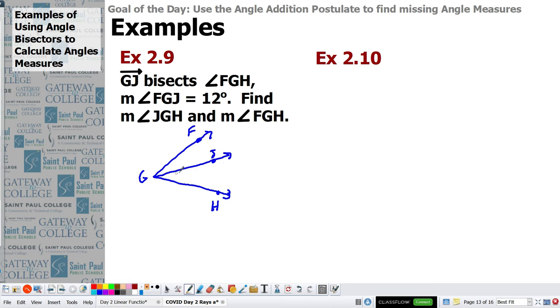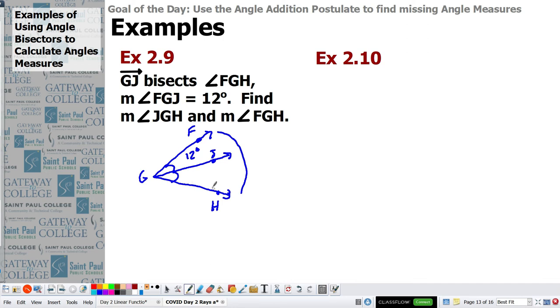So not only do I draw it down the middle, I put the arcs in there. So that tells the person that that's going right down the middle. The measure of angle FGJ is 12 degrees. Find the measure of angle JGH, it's the bottom one. Find the whole thing. All right.